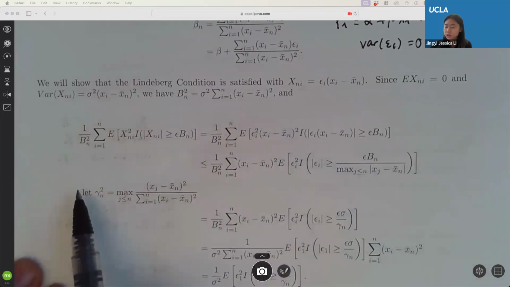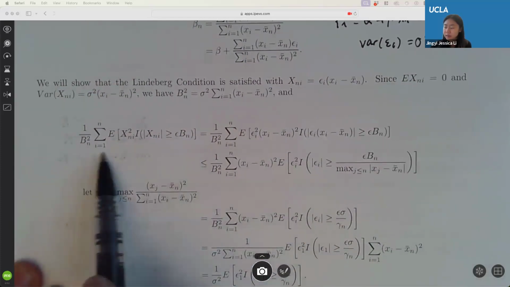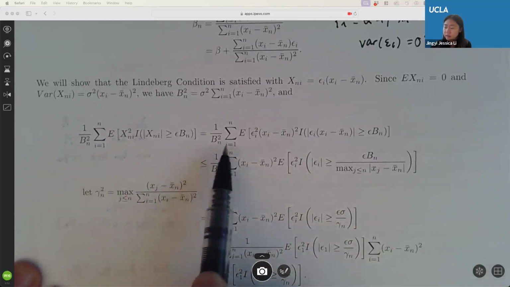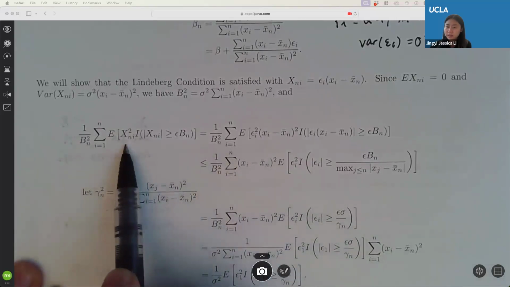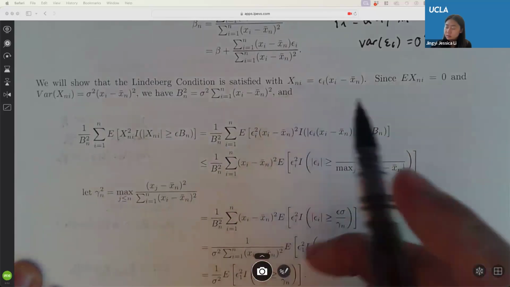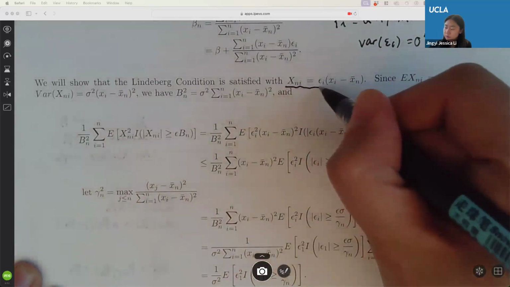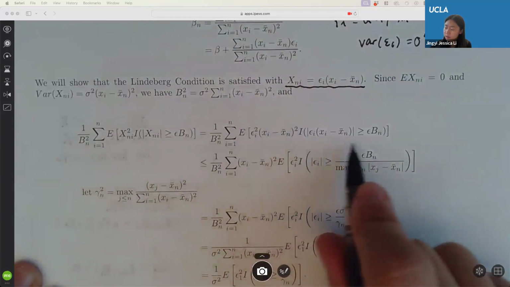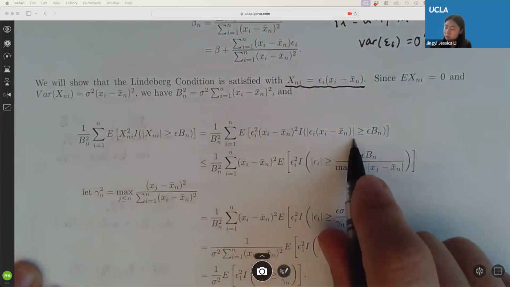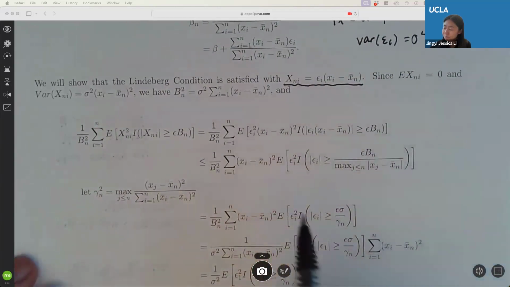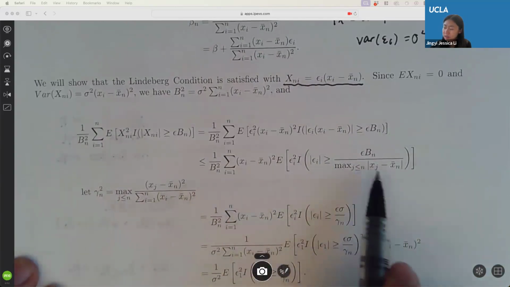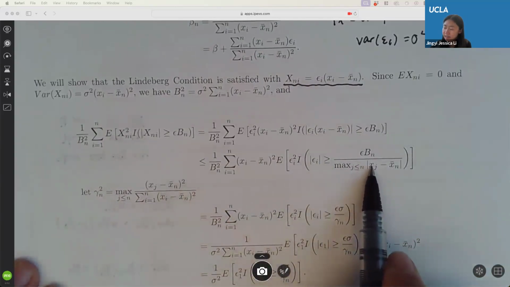Now let's check the Lindeberg condition. We replace X n i by this term, doing the replacement here and here. For the upper bound, we use the same technique as in the first example of Lindeberg-Feller, the example we introduced right after the theorem.